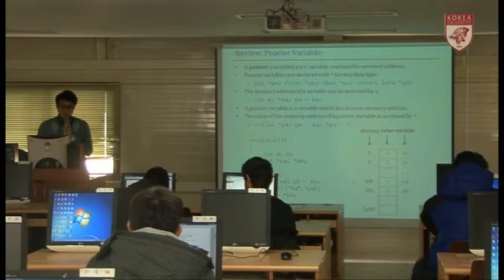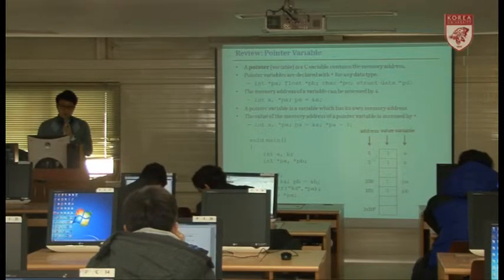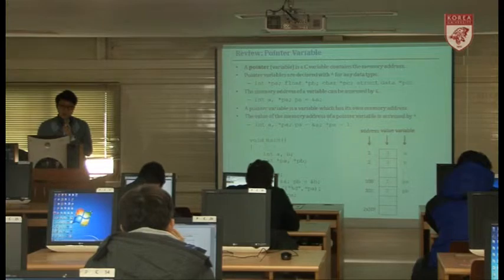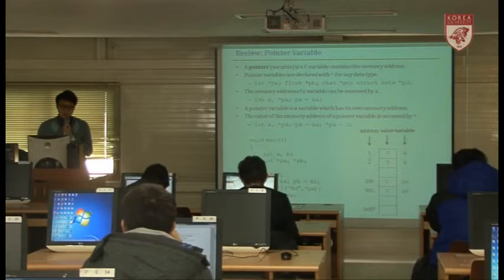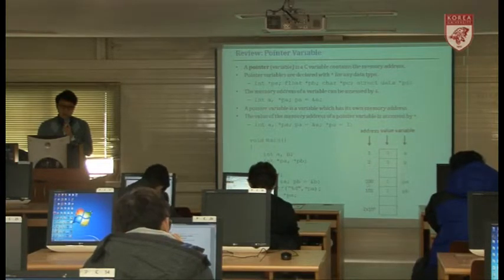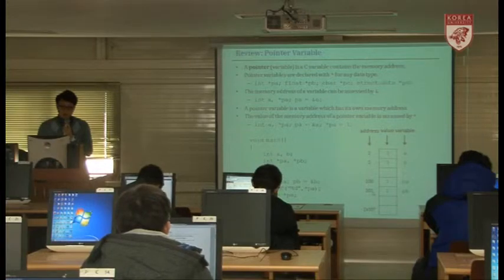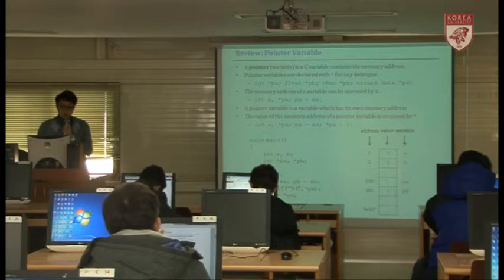If we assign A equal to 3, then in memory address 1, 3 is stored. Then we say PA is the memory address of A. The memory address of A is 1, so in memory address 100, for PA, this value 1 is stored. Similarly, by saying PB is equal to &B, in memory address 101, for PB, 2 is stored.